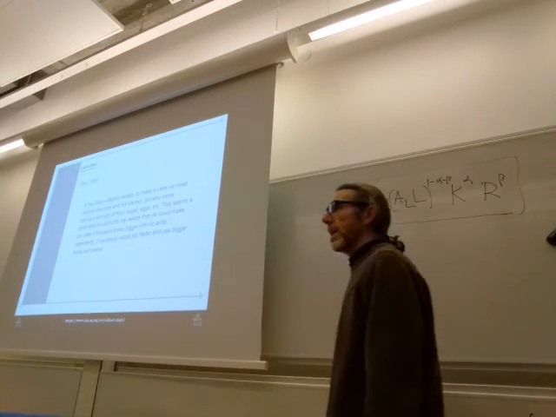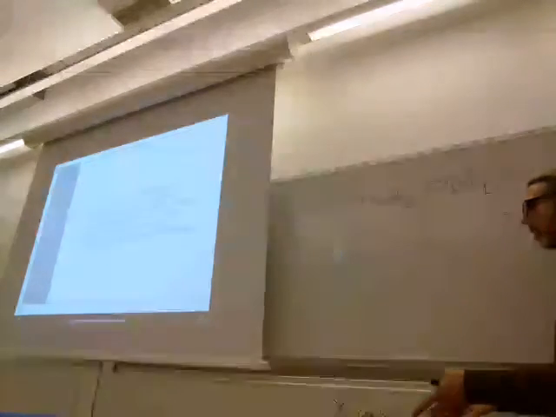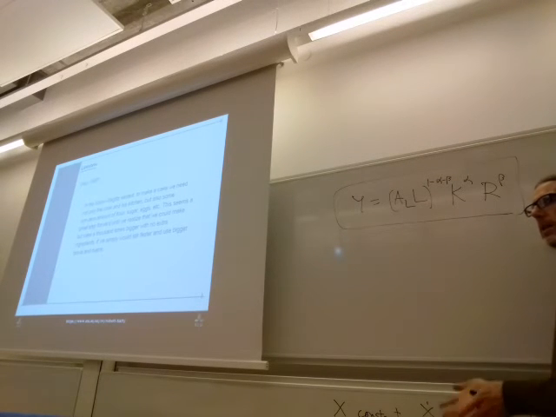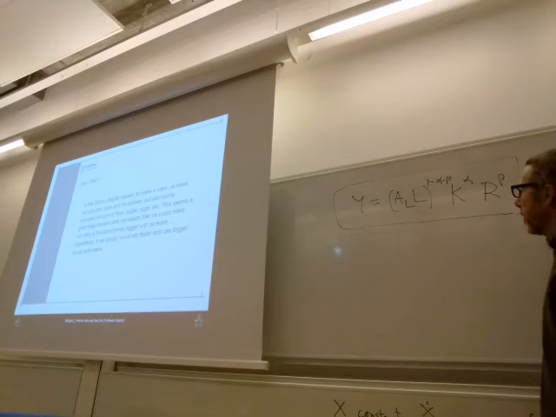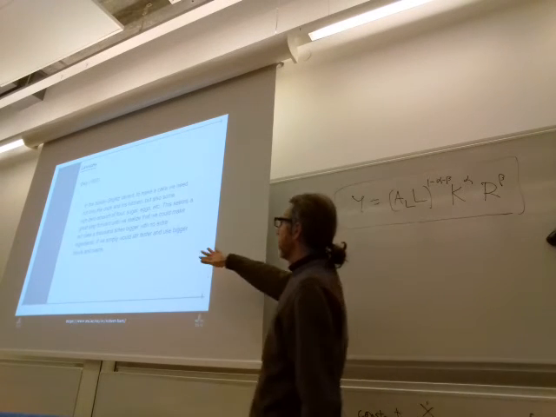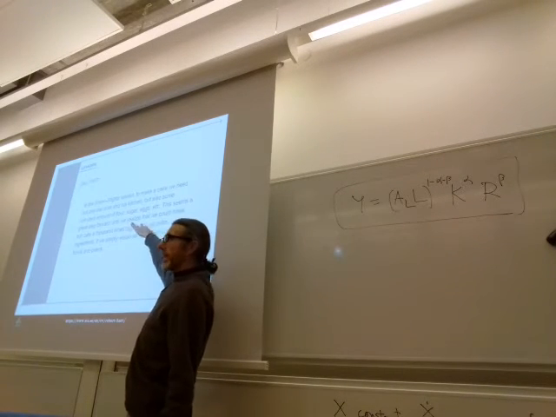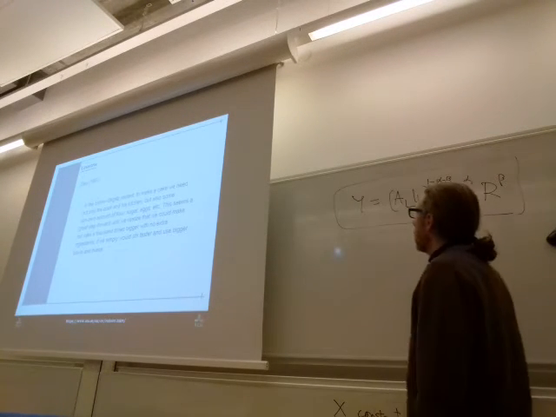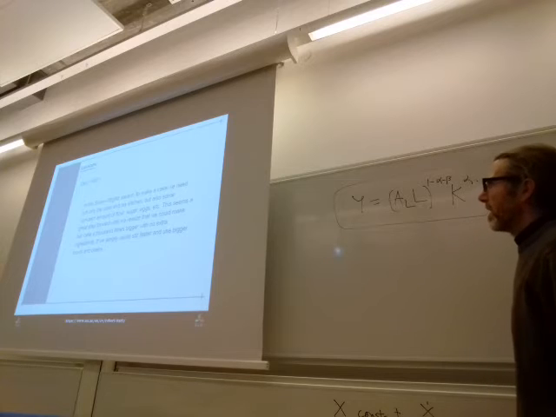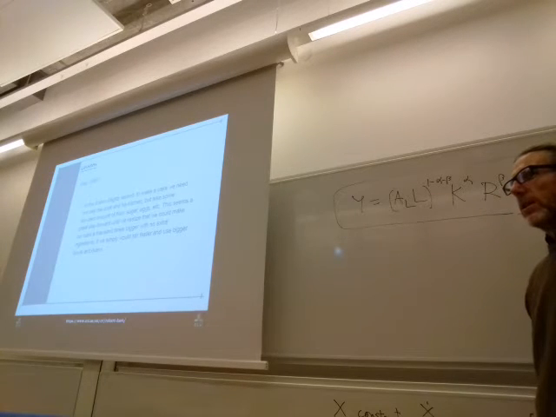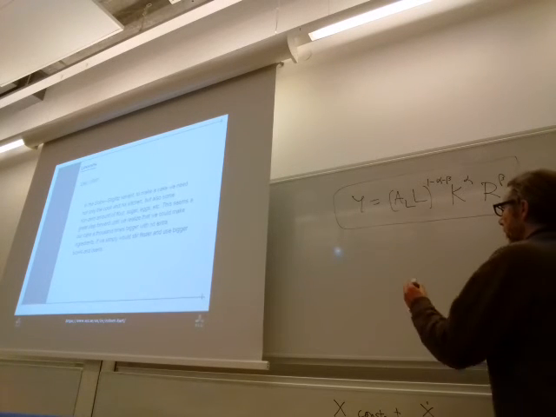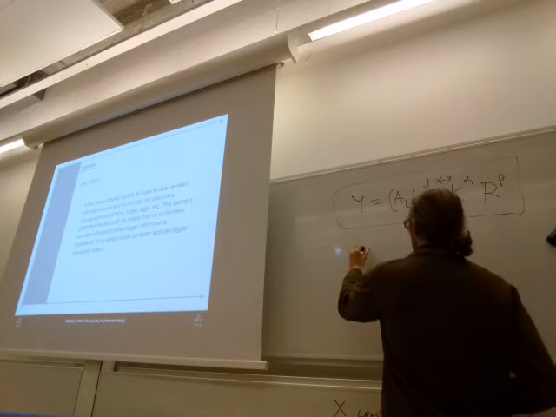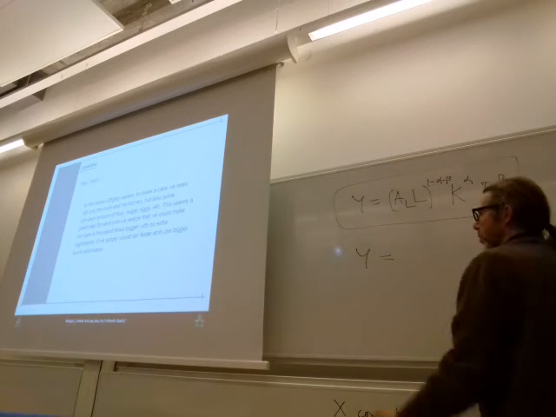If you're making one cake with certain inputs, and then you want two, you're going to need twice the number of eggs, twice the amount of flour, twice the sugar, and so on. This is Leontief, isn't it? You might not need two ovens and so on. That's more tricky, but you definitely should have some kind of Leontief structure. So Y is the number of cakes per year.